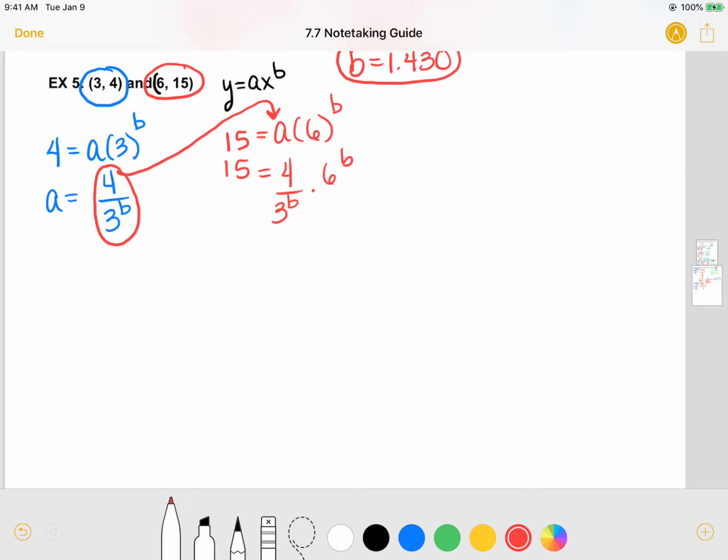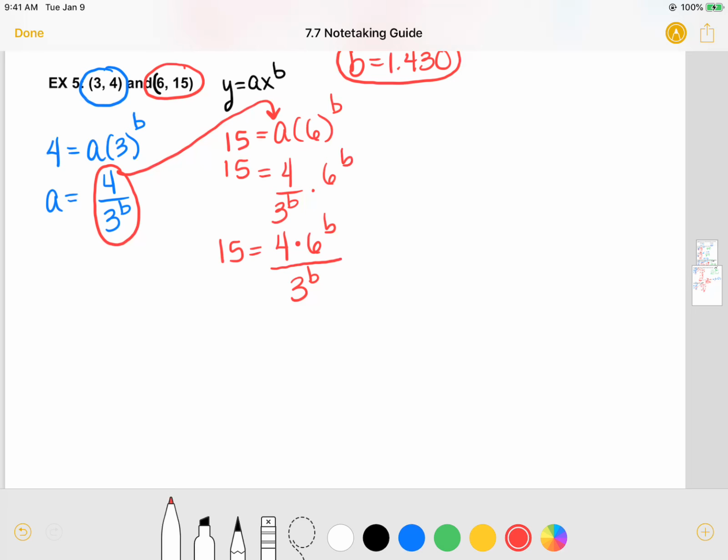Okay? Now we're going to do a little bit of rewriting here. I'm going to show really good work just so you can see how this all works out. So what we have on the top in our numerator is 4 times 6 to the b, and our denominator is 3 to the b power. Okay? Now we want to isolate that exponent b. We want to solve for b.